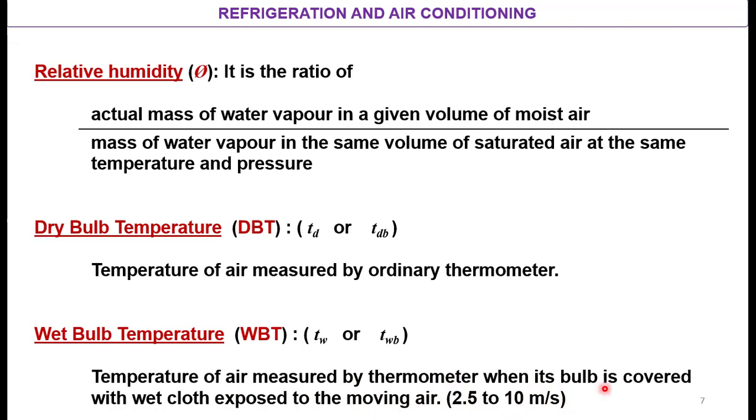These are standard values for the velocity of the air which passes over the bulb covered with the wet cloth. So that is the dry bulb temperature and wet bulb temperature.